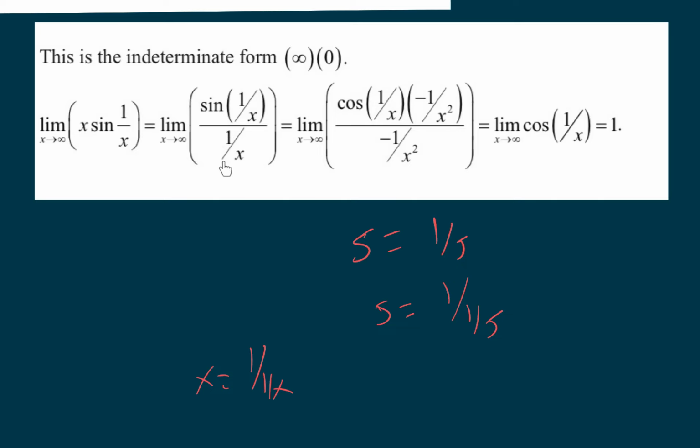The derivative of the denominator, 1 divided by x, is minus 1 divided by x squared. So this will cancel with this, and we have the limit when x goes to infinity of cosine of 1 divided by x. When x goes to infinity, 1 divided by x approaches 0, and cosine of something that approaches 0 approaches 1. So the limit is 1.